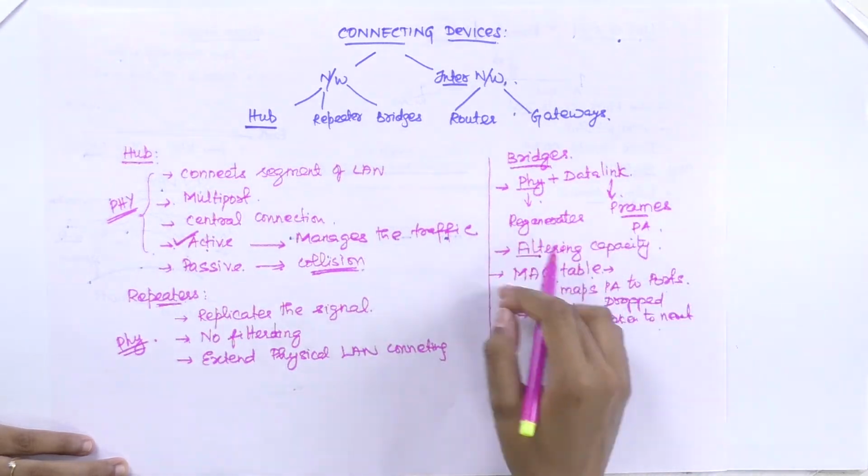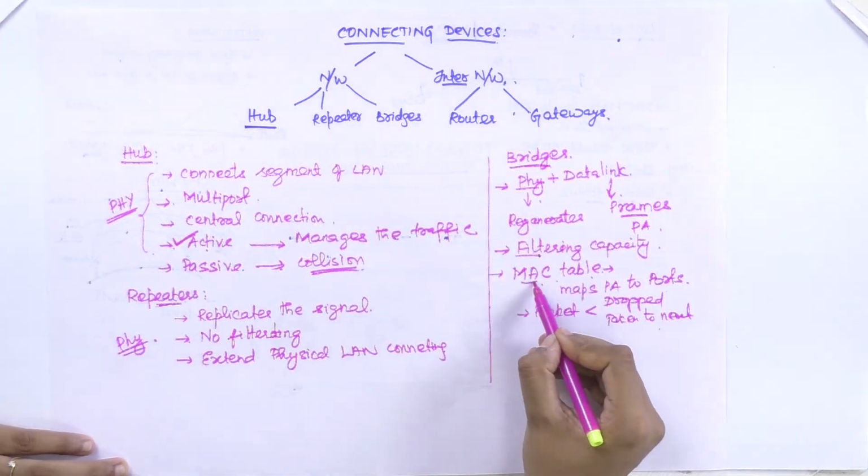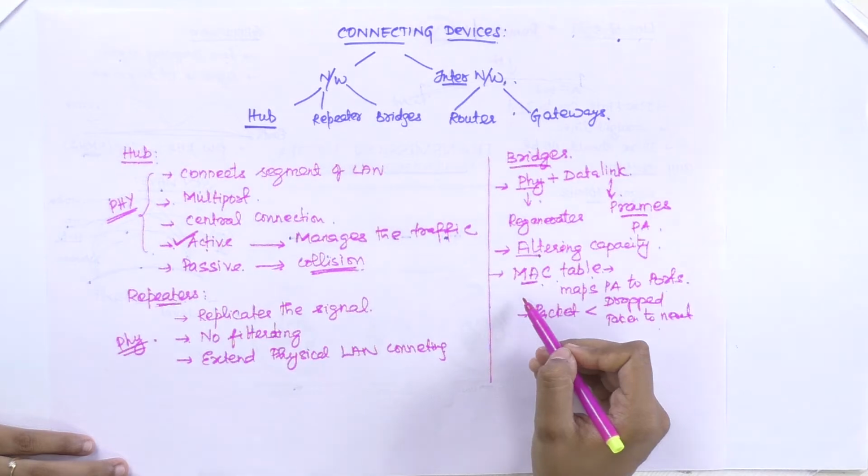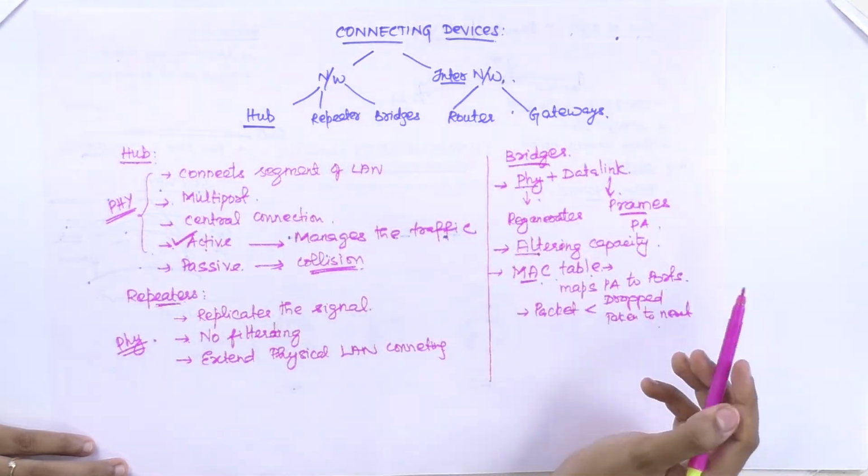So this is the main advantage of your bridges, which use the MAC table. The MAC table here is the strengthening point of your bridges.